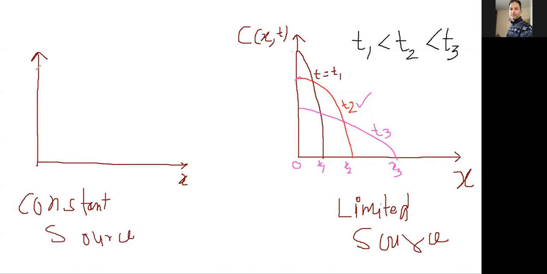At the surface, which is x is equal to 0, our concentration is constant and the value is Cs. This remains constant with time. At t is equal to t1 we get a curve like this. For t is equal to t2, we get another dopant profile, something like this, and you see that the surface dopant concentration is the same.